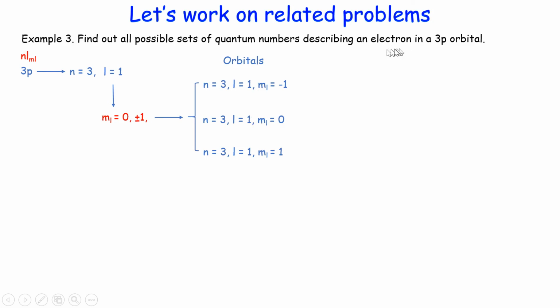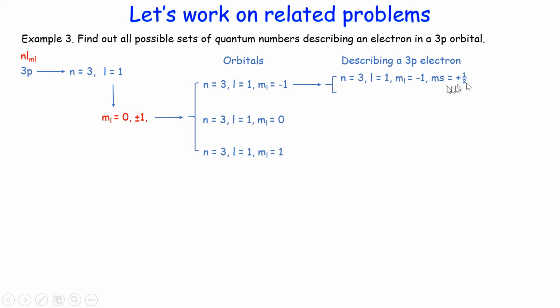Remember, electrons are described using a set of 4 quantum numbers. So those 3 quantum numbers, n, l, ml, plus the spin quantum number, ms. Okay, so for this orbital, the 4 quantum numbers, the first 3 have to be the same: n equals 3, l equals 1, ml equals -1.